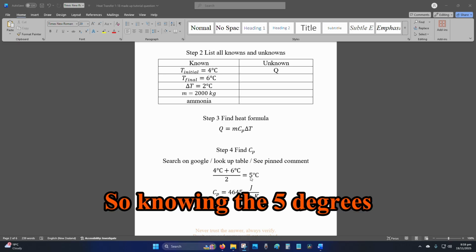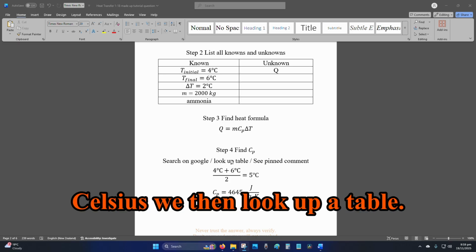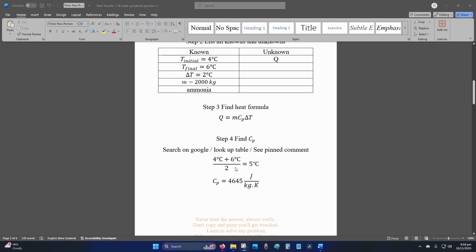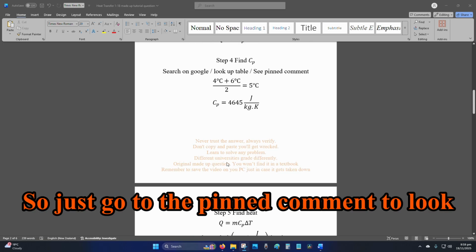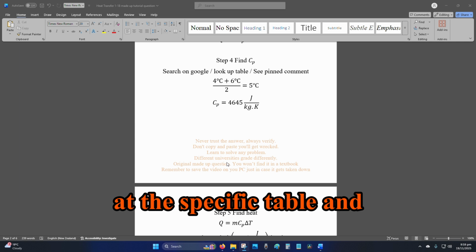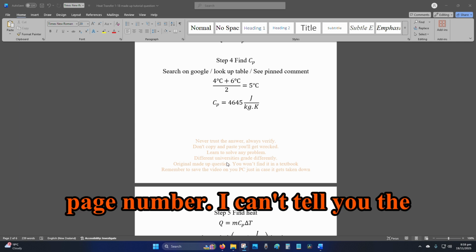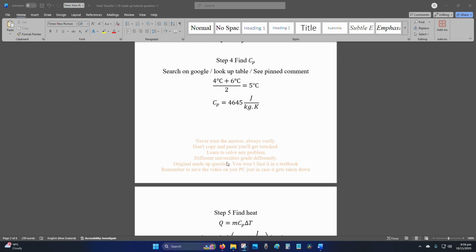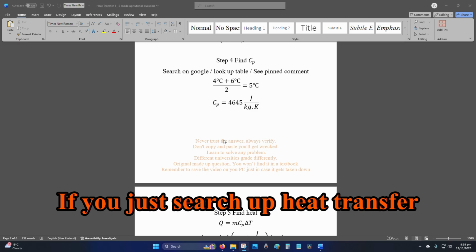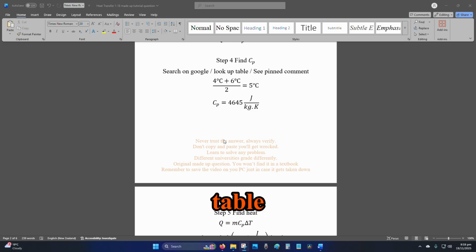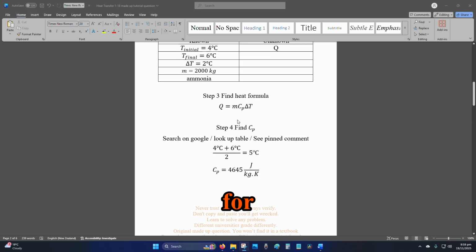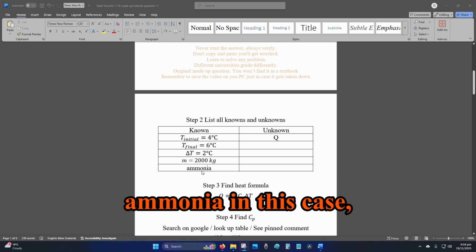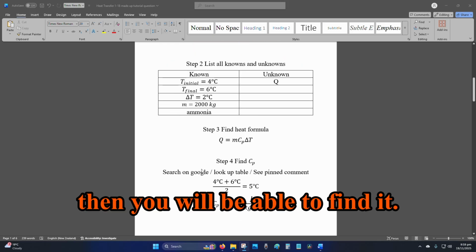Knowing the 5 degrees Celsius, we then look up a table. Just go to the pinned comment to look at the specific table and page number. I can't tell you the textbook that I found on Google, but just know that it's on Google. If you just search up heat transfer table for ammonia, in this case, then you will be able to find it.